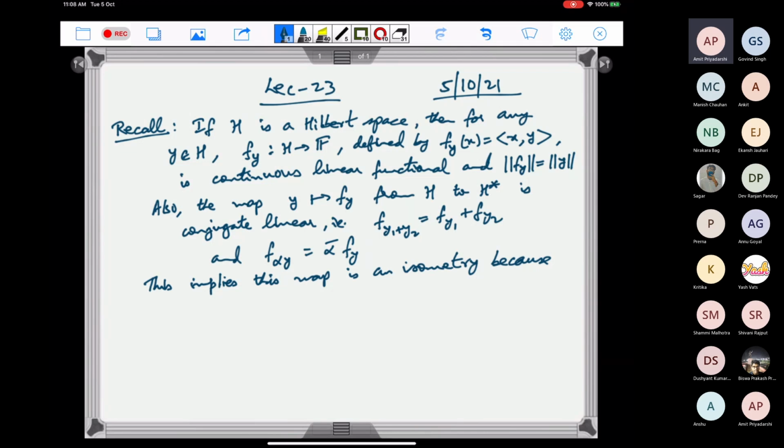So if we take y1 and y2, then the norm in H star of f sub y1 minus f sub y2, because f satisfies this property, is the same as f sub y1 minus y2, and we know that this is the same as norm of y1 minus y2.